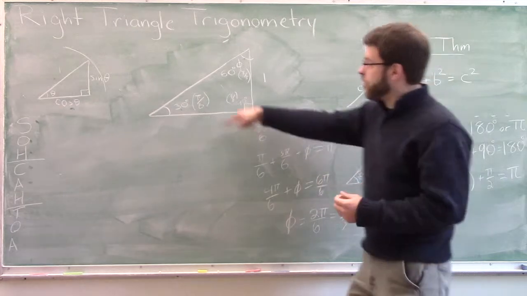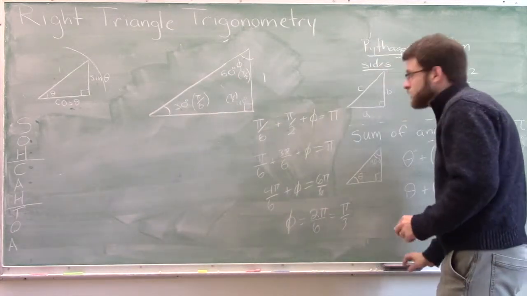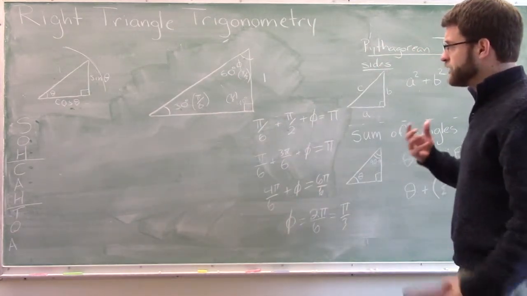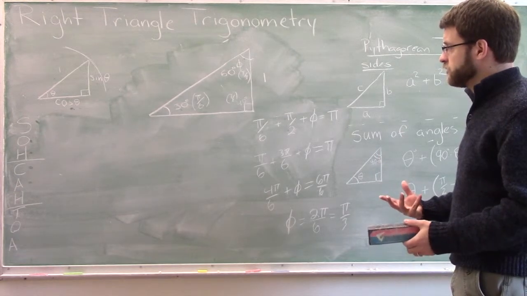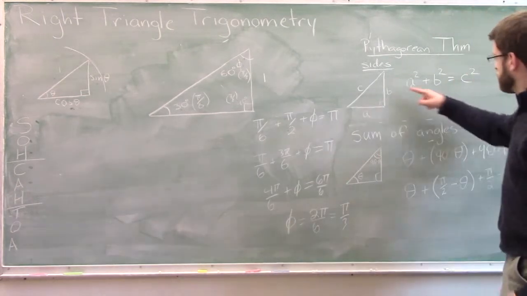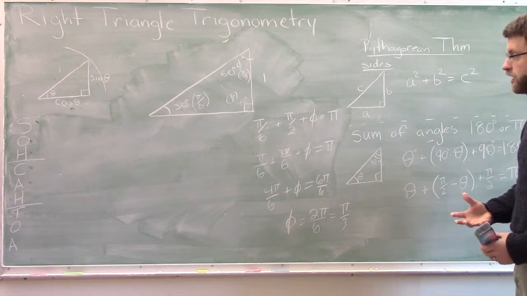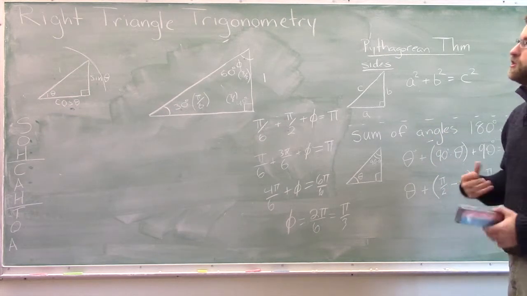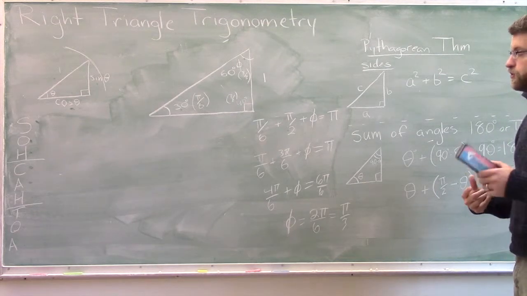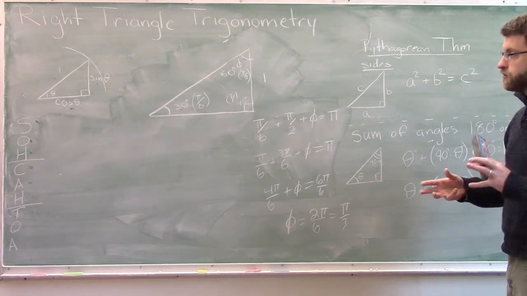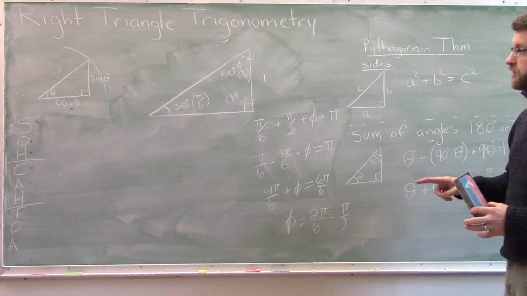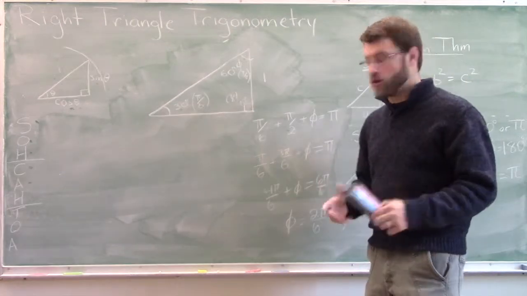Now let's figure out what all the other sides are. Since we don't have two sides, we cannot yet use the Pythagorean theorem to deduce the length of the third side. So we're going to need to use a trig function to get a connection between two of the sides, the one that we know and one of the sides that we don't know.